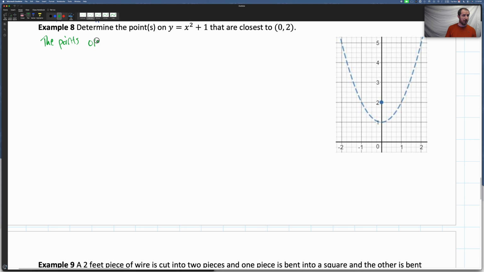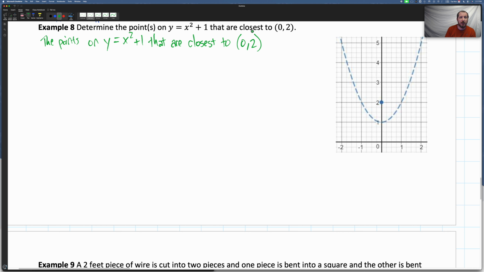The points on y equals x squared plus 1 that are closest to (0, 2). I don't know if it's going to be one or more.